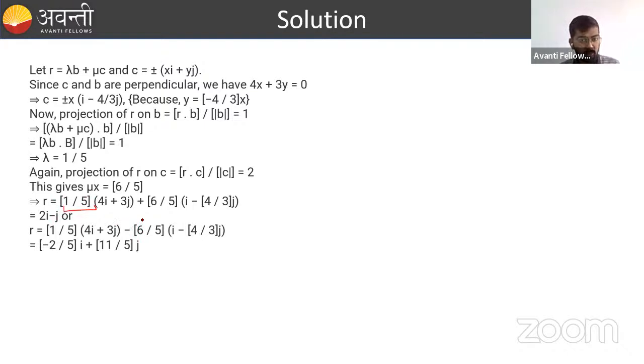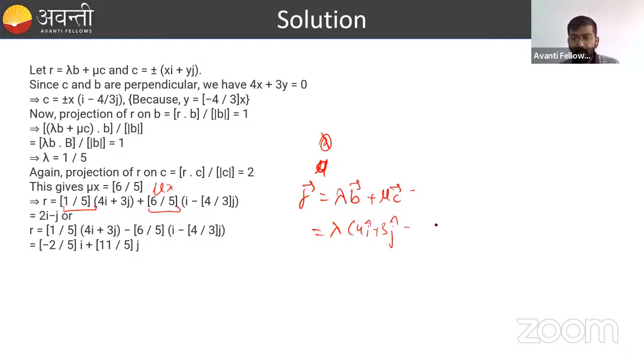See, so lambda is substituted by 1 by 5 and x was substituted by mu x. c bar is taken as x into, so mu times of c bar, right? What is the value of r bar that we were supposed to find? Lambda b bar plus mu c bar, right? And lambda b bar was given to us 4 i cap plus 3 j cap, correct?